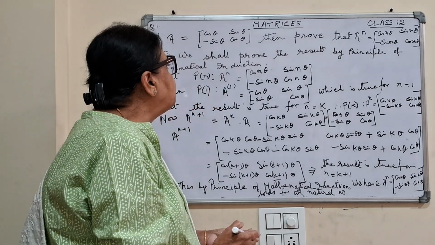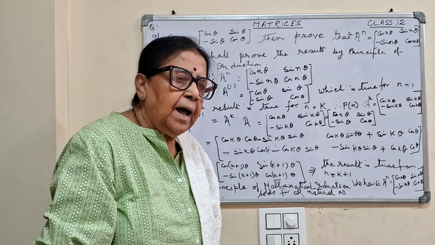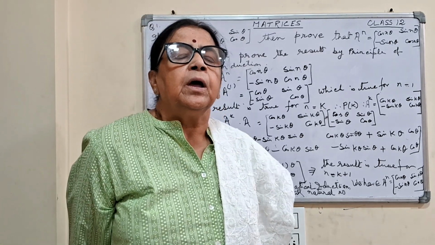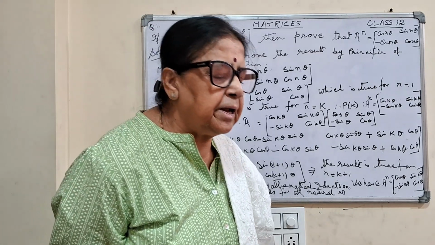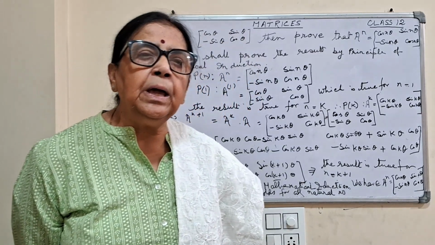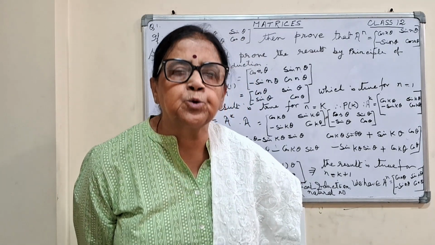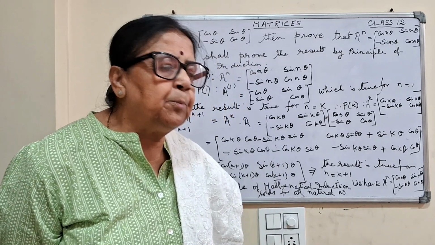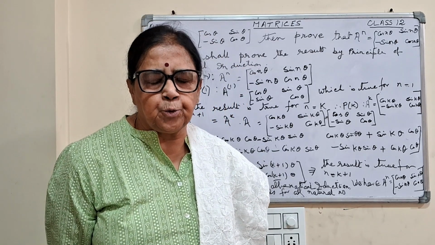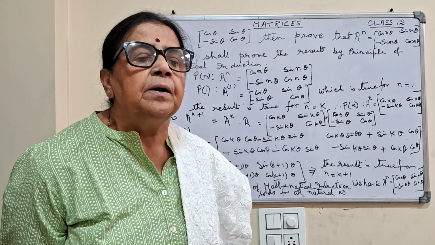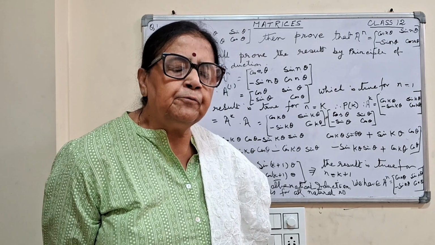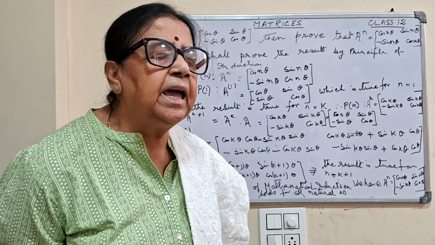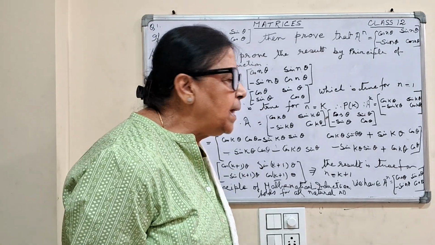Now we shall prove the result by principle of mathematical induction. Do you remember that? Principle of mathematical induction is that P1 is true. When P1 is true, then let us suppose that n is equal to k is true. Then we have to prove that it is true for n is equal to k plus 1.